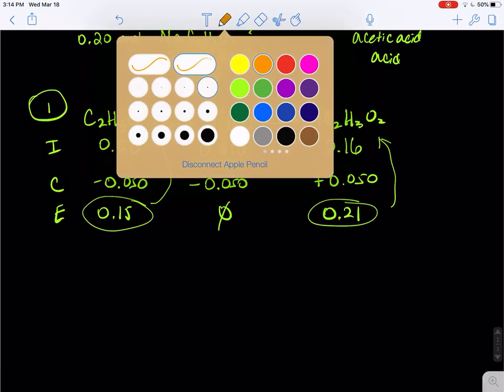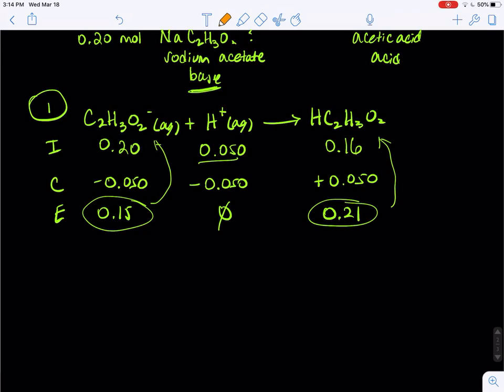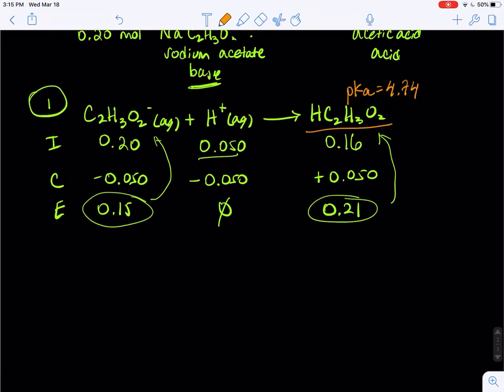Now, we want to look at Appendix 3 and find out what the pKa is for acetic acid, and that's 4.74 according to my Appendix 3. And we'll want to then plug this into our Henderson-Hasselbalch equation, and that's log of the base over the acid.